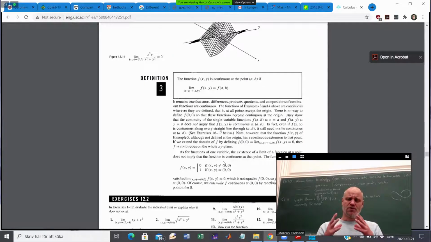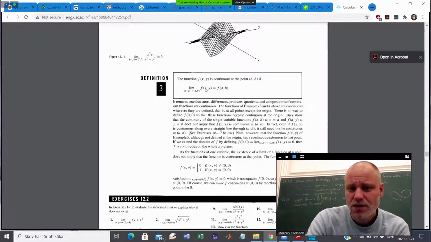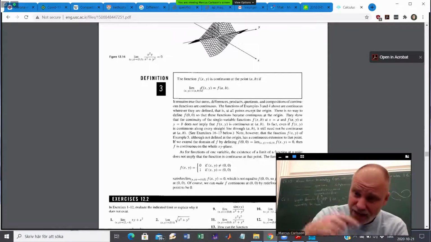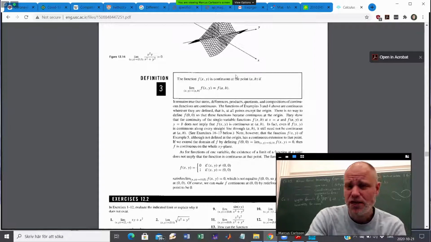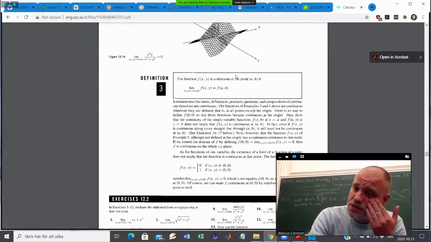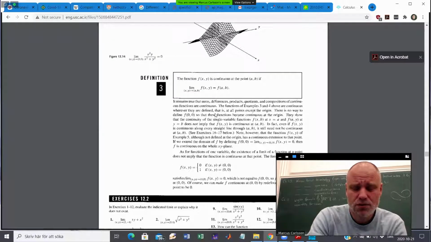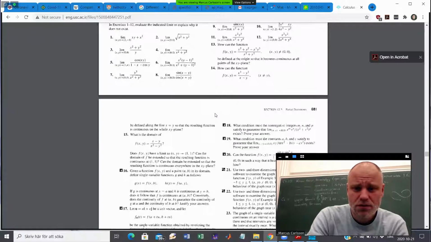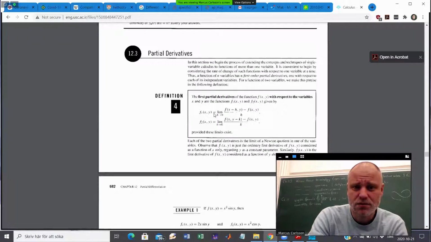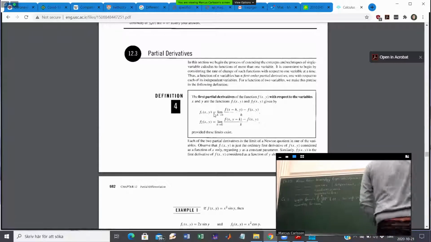So an equivalent notion of continuity is: every time you have a sequence of points (x_k, y_k) that converges to (a, b), the limit of f(x_k, y_k) as k goes to infinity is equal to f(a, b). That's in the lecture notes on the Weierstrass theorem, and this is something you should know also. The epsilon-delta definition also.